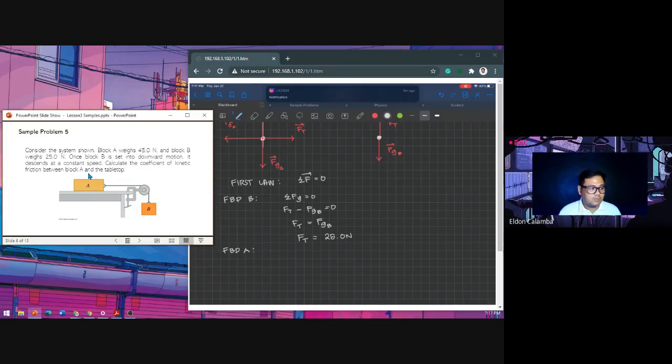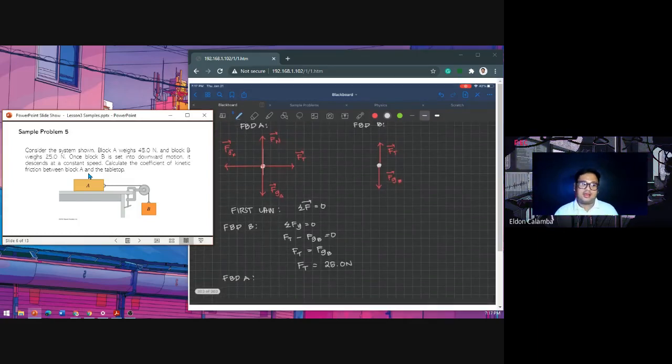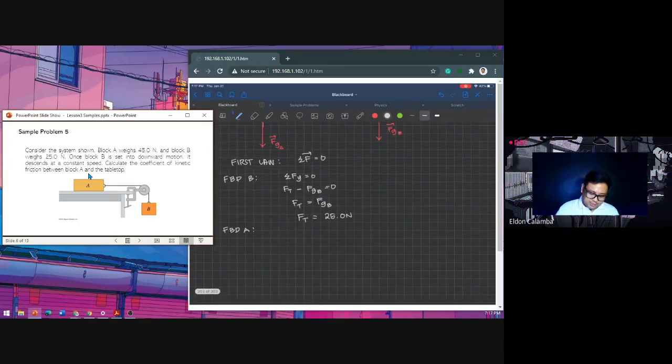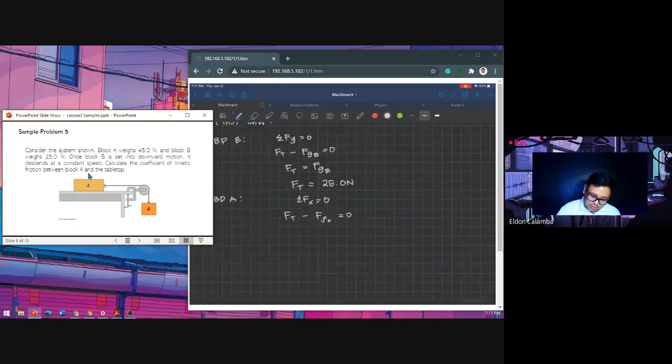Let's now use FBD A. Summation of forces sa X or summation of forces sa Y, kayong bahala. Ako muna is, kunin ko muna si X. So, summation of forces sa X equal to 0. So, I have there FT and then FFK. So, FT minus friction force equal to 0.